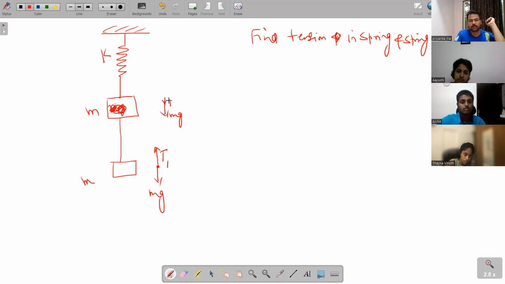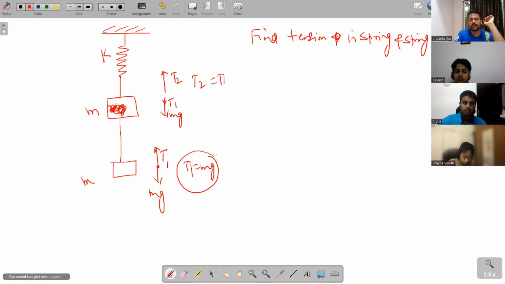So this will have T1, and above, the spring is there, so the spring will have tension T2. Now this is at rest. The system is at rest. Nothing is going to happen. So T1 must be equal to mg, and here T2 upward and T1 plus mg downward. So T1 is mg here. So the tension is 2 mg.